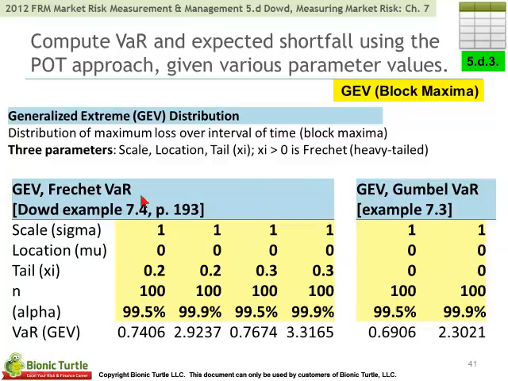Although I do have the solutions here, and notice it's got 3 parameters: scale, location, and tail. And then I've, in the spreadsheet, illustrated Dowd's examples, page 193, examples 7.3 and 7.4, where we've produced a value at risk under the GEV distribution. So we got the VAR here, given the inputs, and you can see some pretty high confidence levels.